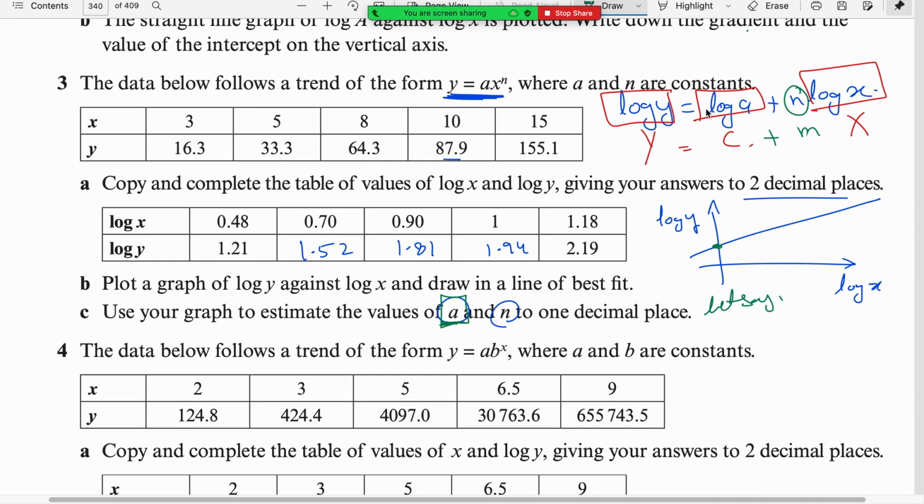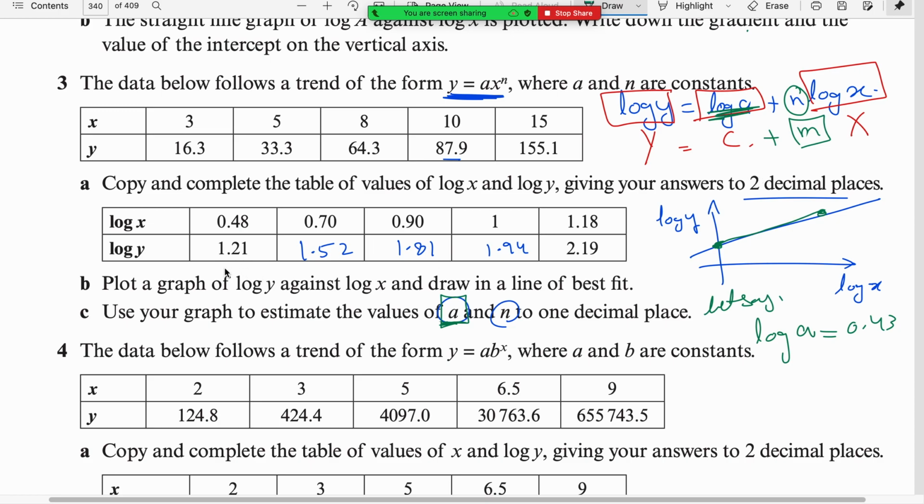So I'll write log a, because we know log a is the y-intercept, and we'll copy it from the graph, equal to whatever the value will be, and we can solve for a. Are you getting this? And from the graph we can choose two values and find the gradient, and say this is m. The gradient is n.